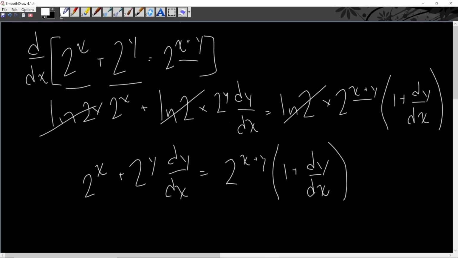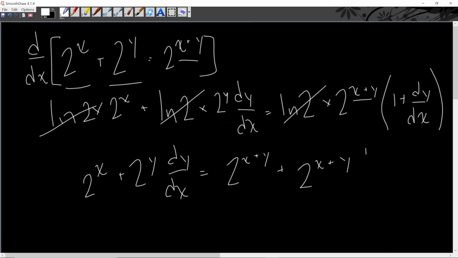And now we distribute. I'm actually going to rewrite it just in this step. So 2 to the x plus y times 1 is just going to be 2 to the power of x plus y plus 2 to the power of x plus y dy dx.